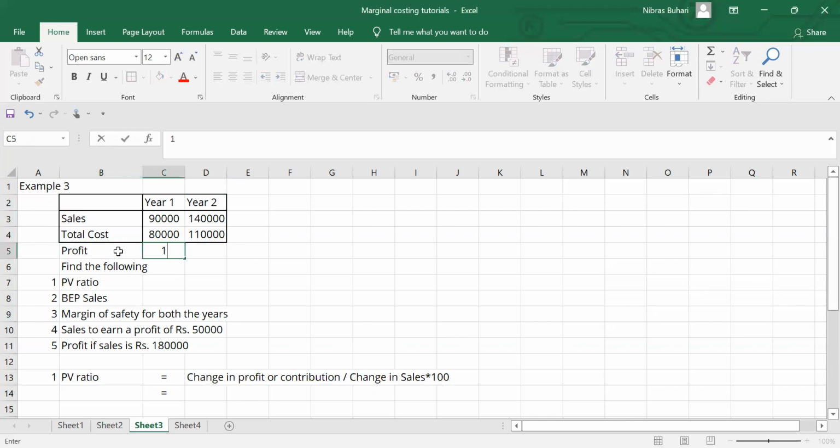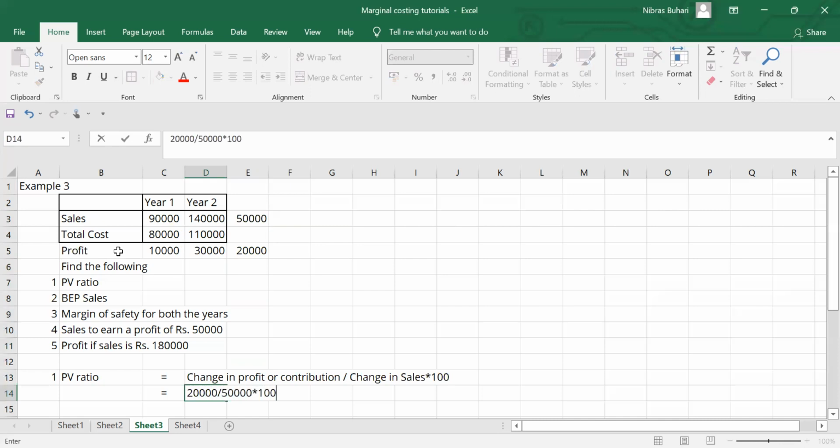Profit for the first year is 10,000. For the second year is 30,000. And the change in profit is 20,000. From 10 it went to 30. Similarly, change in sales from the first year to the second year is 50,000, from 90,000 to 1,40,000. Which means I can use change in profit divided by change in sales. 20,000 divided by 50,000.